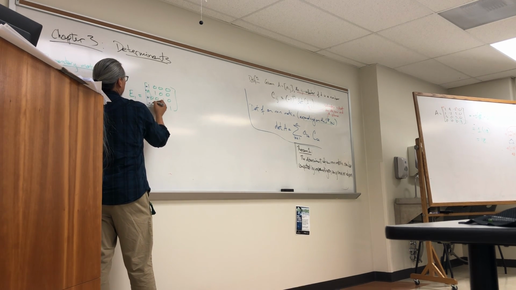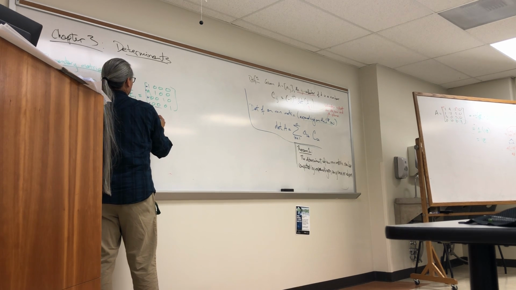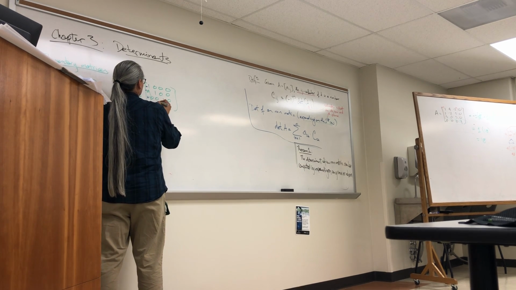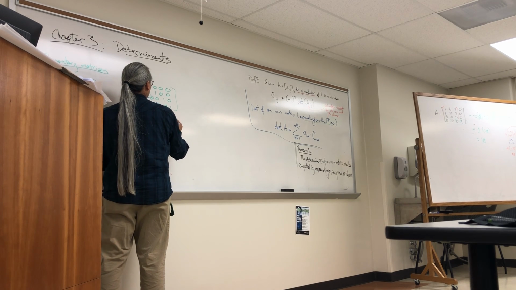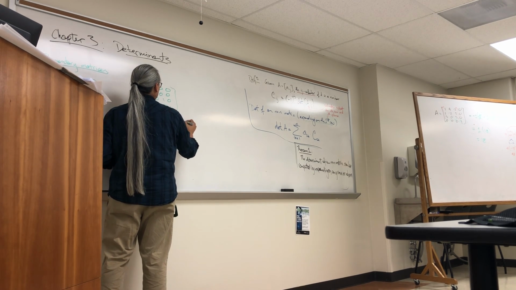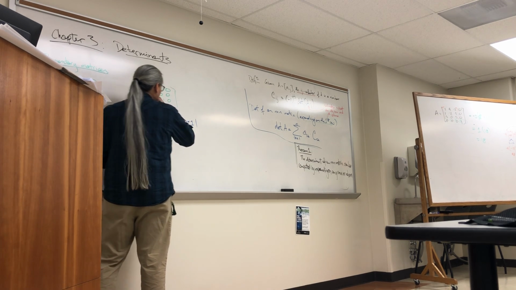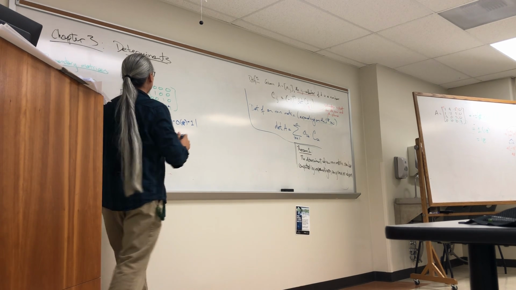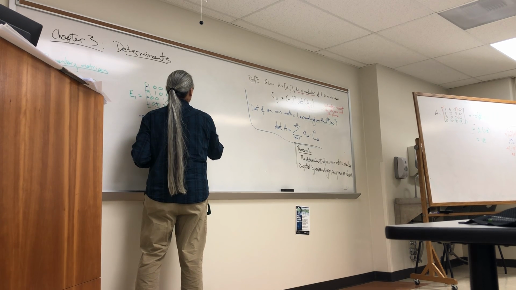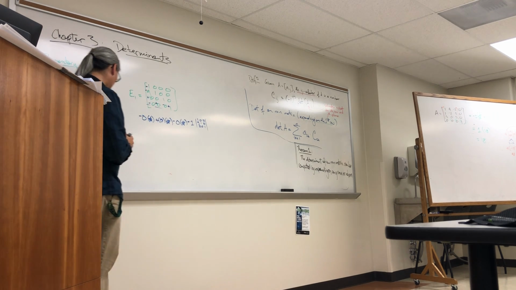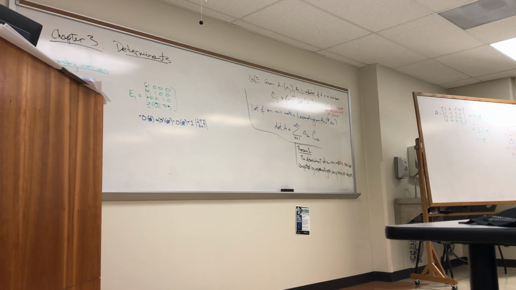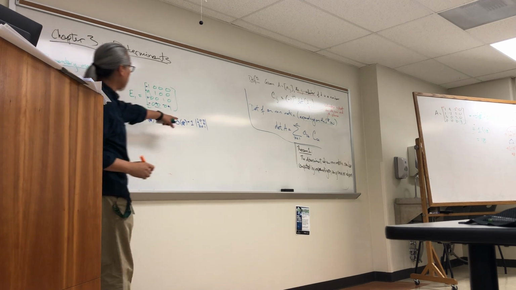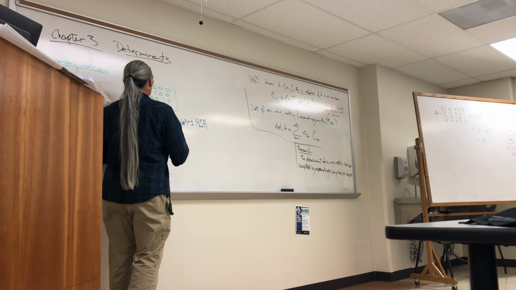So let's expand through the bottom row. Plus, minus, plus, minus. We start off with a minus 0 times something, doesn't matter, plus 0 times something that doesn't matter, minus 0 times something that doesn't matter, plus 1 times a submatrix: 1, 0, 0, G, 1, 0, 0, 0, 1. Okay, let's expand through. Everything else is 0, that's cool.